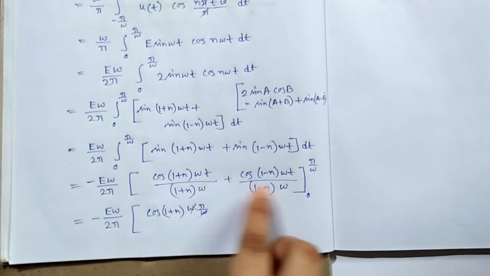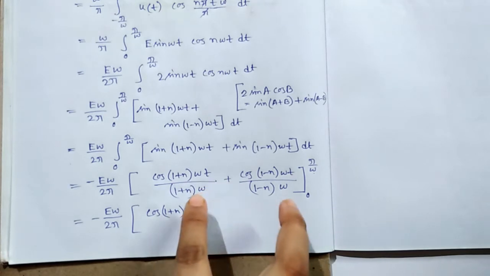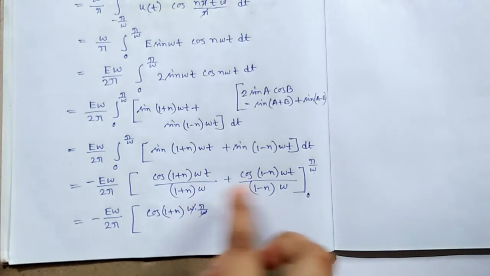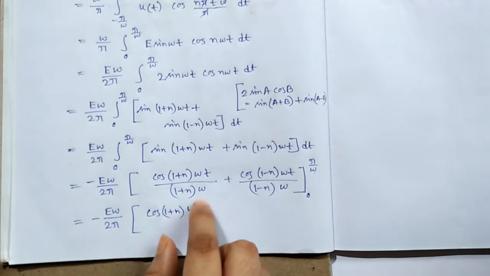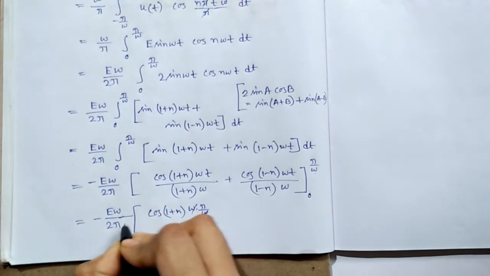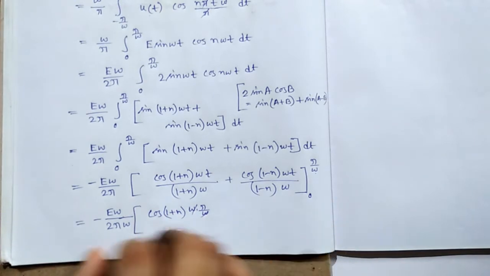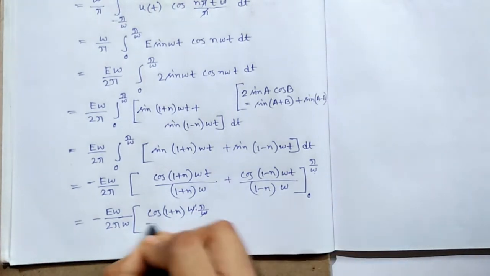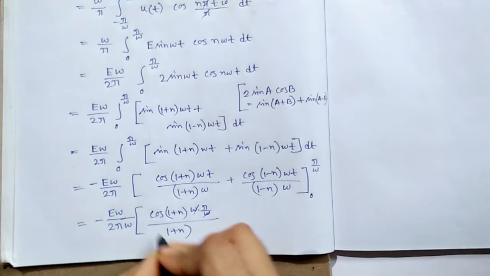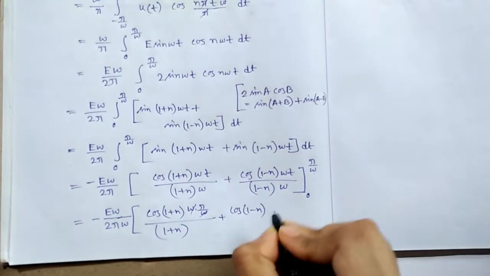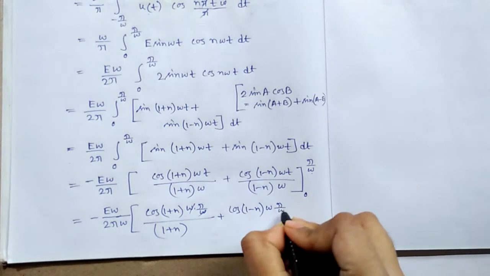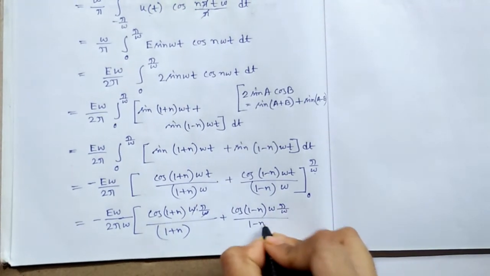See, there is omega in both denominators, so we take this omega common and write it outside of the bracket. So we get (1 plus n) plus cos (1 minus n) omega into pi by omega by (1 minus n).